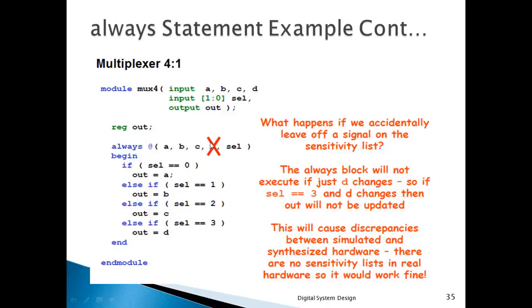If D's value is changed, this always block will not be executed. If select is equal to 3 and D changes, here you see that D is assigned to the out variable, but out will not be updated.